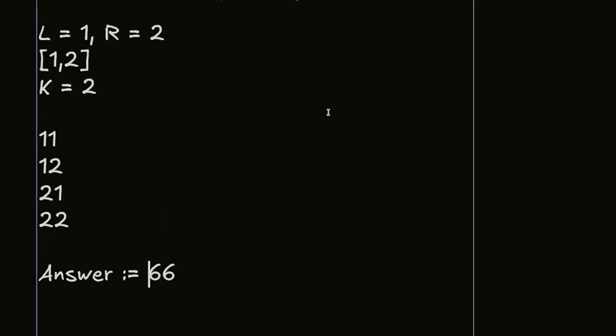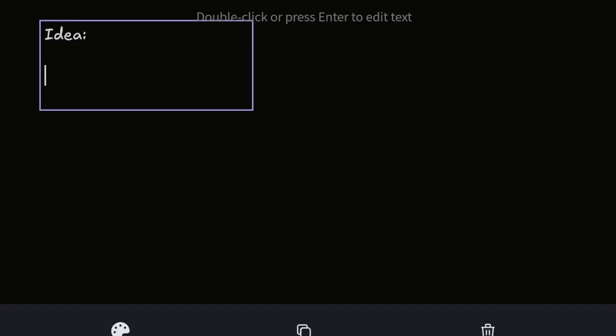Let's think about how we can solve it. Let's think about it in this way. What we can do here is just think about how we can calculate one position.